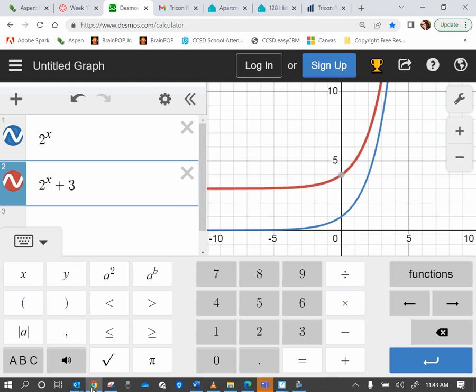So how did that transform? How did it move? Going from blue to red. Did it go left or right? Did it go up or down? Look. Going from blue to red, we're going up how many units? Up 3 units.